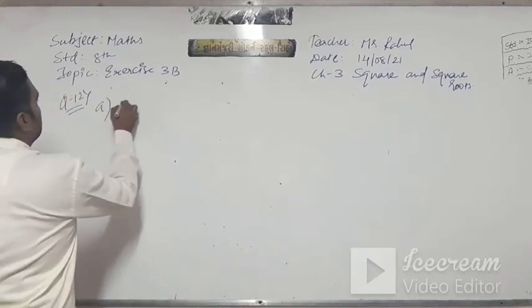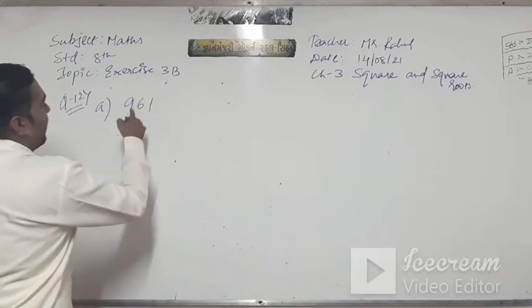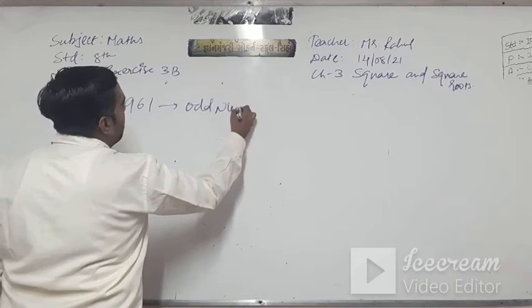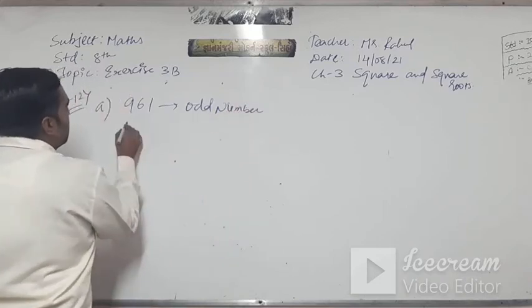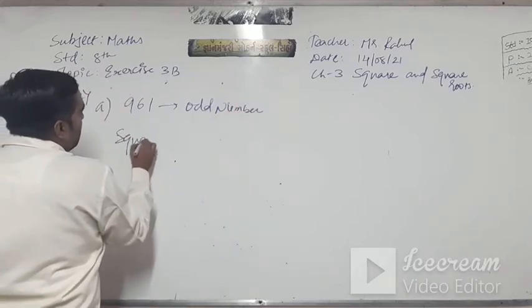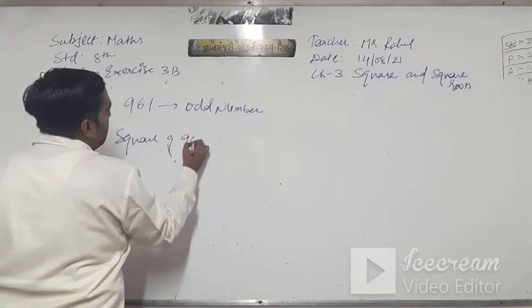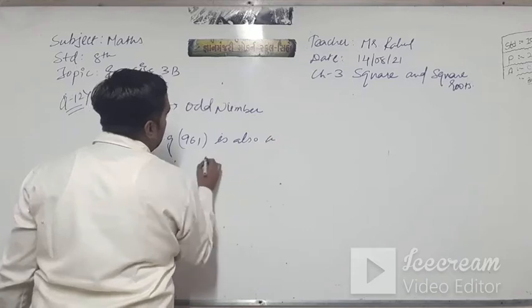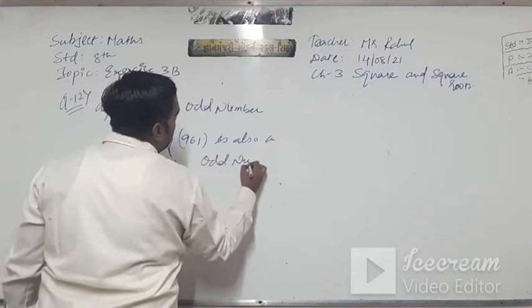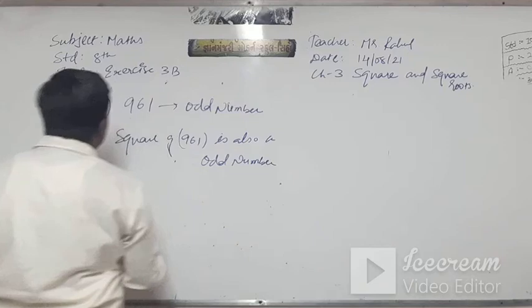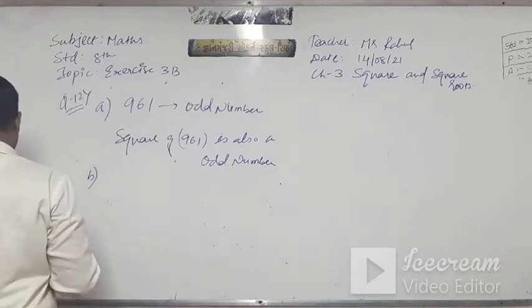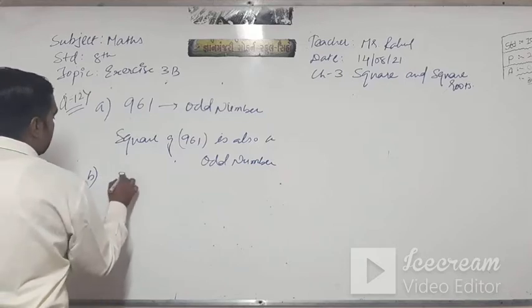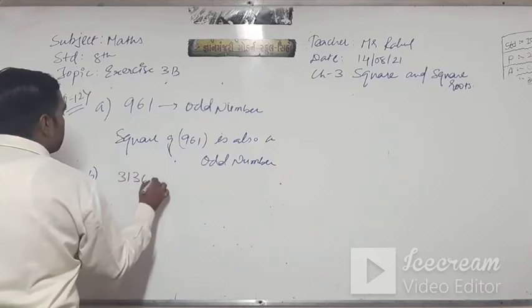First one is 961. 961 is an odd number, so the square of 961 is also an odd number. Okay, next, 3600.